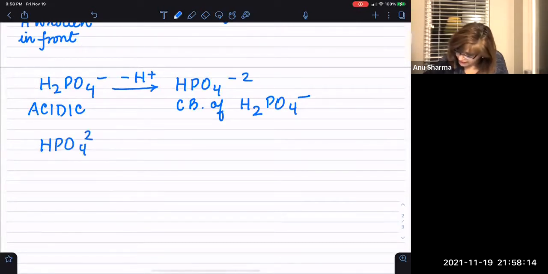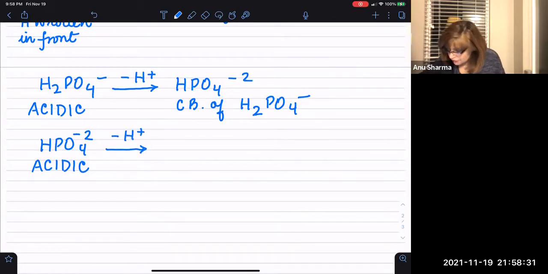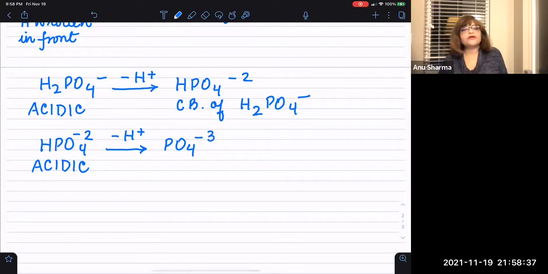Okay, now let's look at this HPO4 with two negatives. And it doesn't matter whether you write -2 or 2-, it's the same. This is again acidic in nature. Minus one hydrogen ion, and this gives you PO4, and now one more negative charge comes. So it's -3.